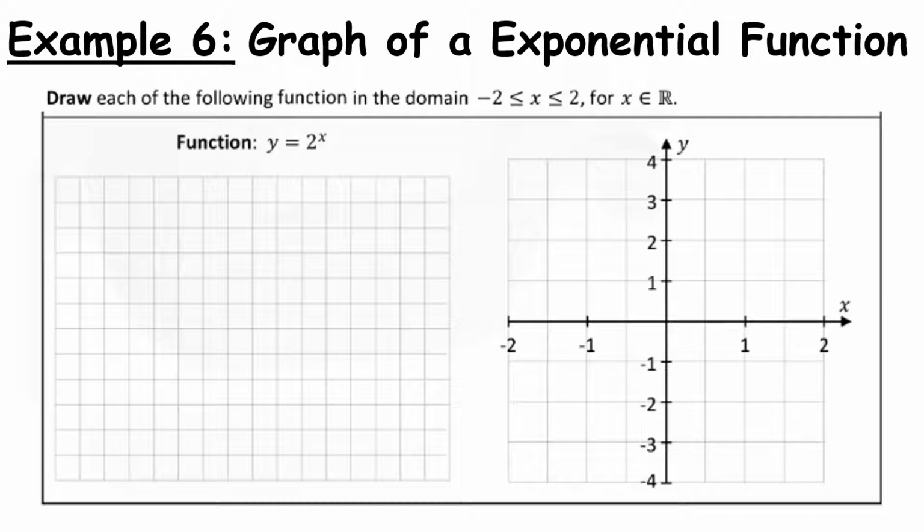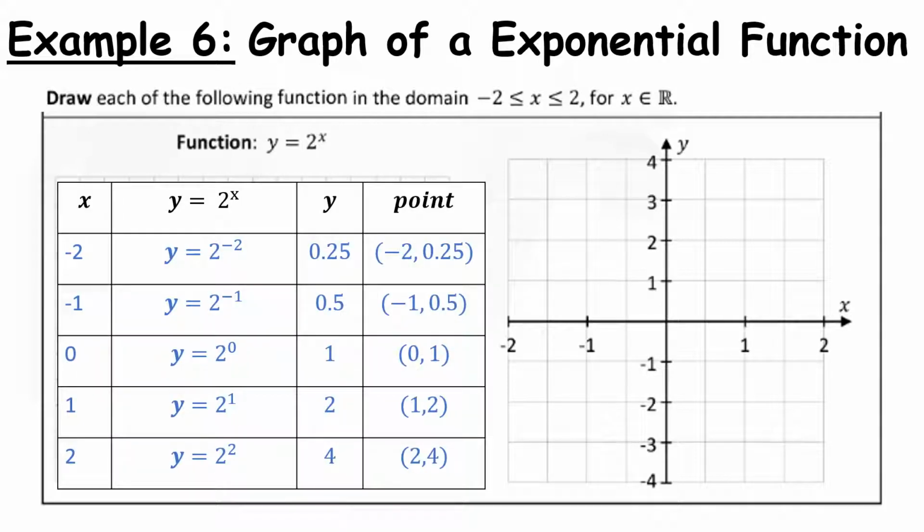So let's work with our table. Our first column is our input, that's our x's from minus 2 to 2. We then work the actual function itself. We sub in our value for x, or our input, we get our value for y, and we get our point. So now we have a series of points here. Let's work with this and let's see what the graph looks like. So we have minus 2 and 0.25, which is about here.